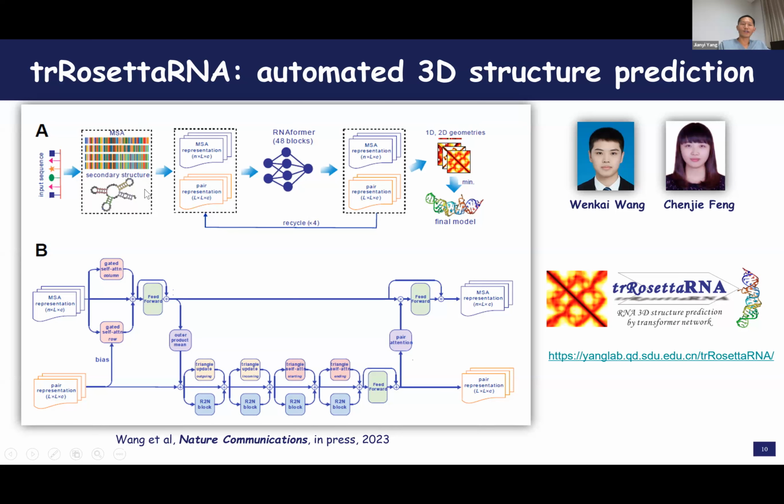In the RNA structure prediction community, secondary structure is very important. This is very different from protein secondary structure, because this is a two-dimensional relation, whereas for protein it's just one-dimensional data. So in our method, we are using SPOT-RNA, a deep learning based secondary structure prediction.